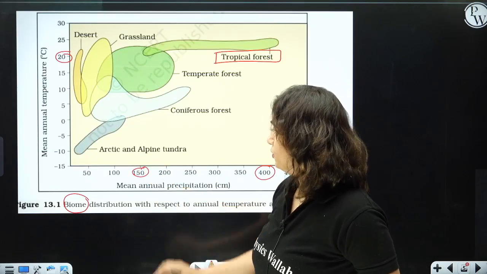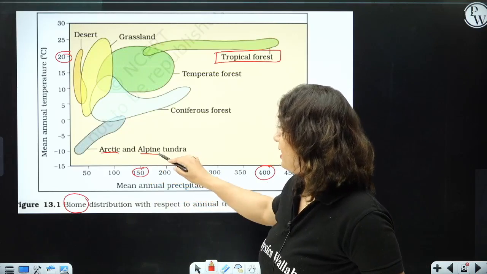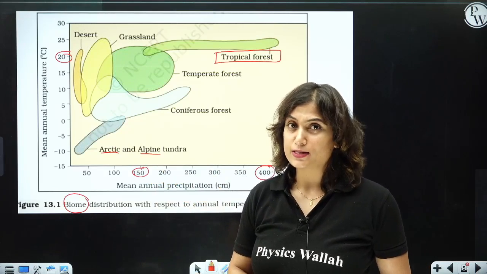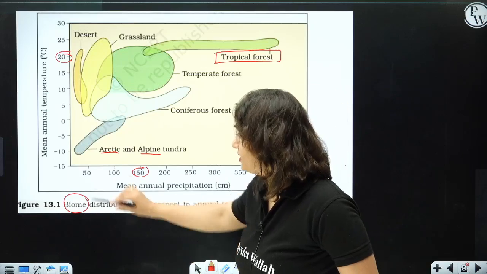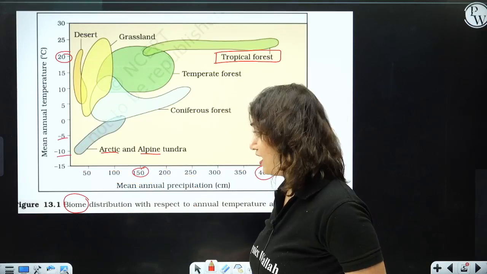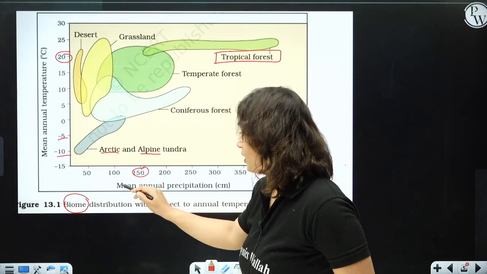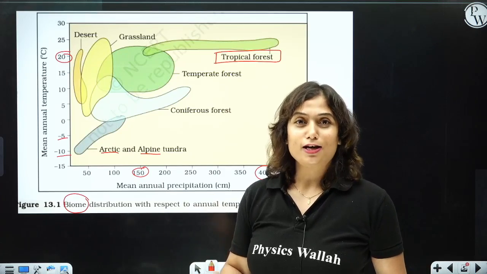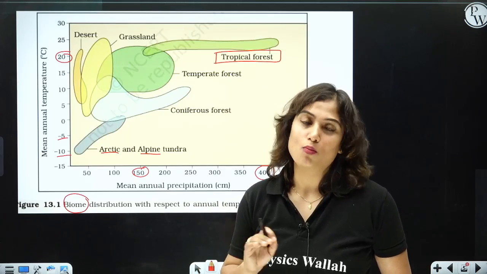The Arctic and the alpine tundra have less biodiversity. Why? Because you can see the mean annual temperature ranges from -10 to -5 and the mean annual precipitation is below 100 centimeter. That is why the Arctic and alpine tundra have very low biodiversity.